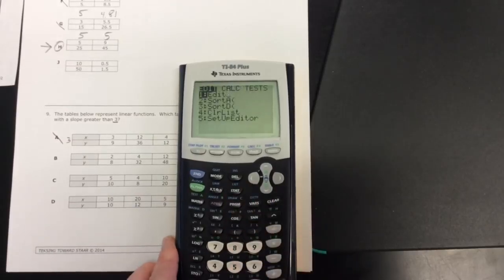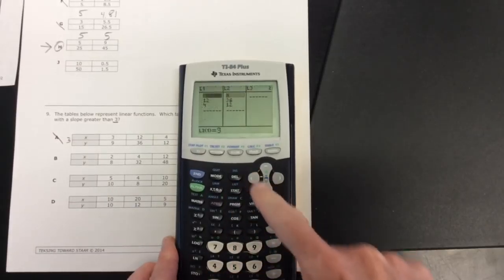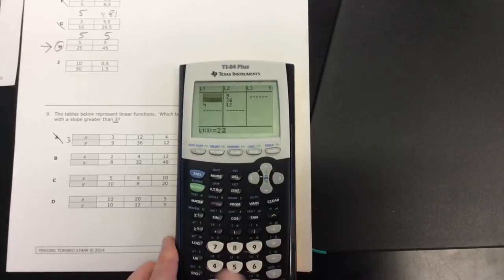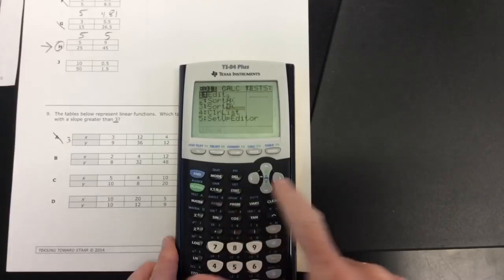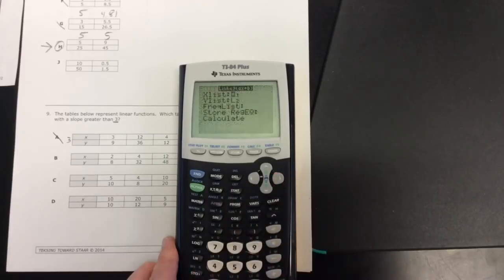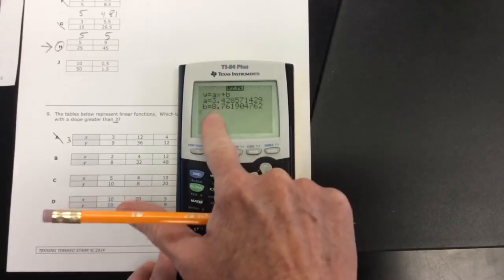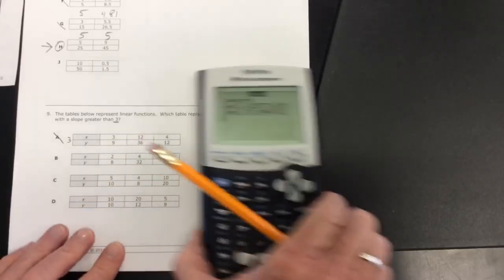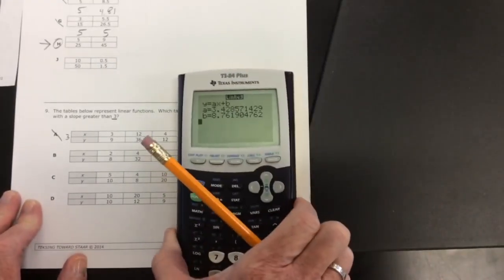Stat, edit, 2, 4, 12. Now we're going to go up and over 8, 32, and 48. Stat, calculate, 4, enter. And this isn't it because it's not even a proportion. Make sure I put this in right.